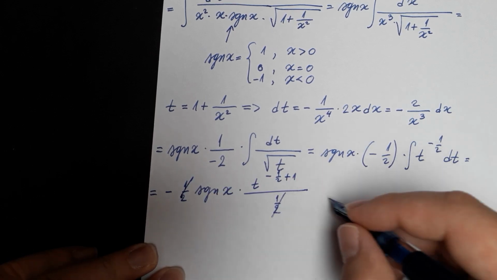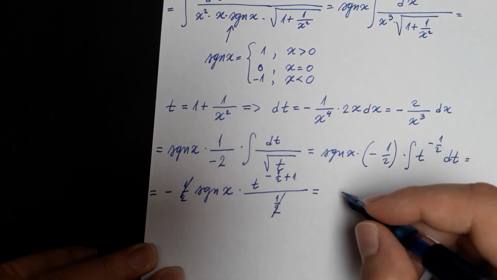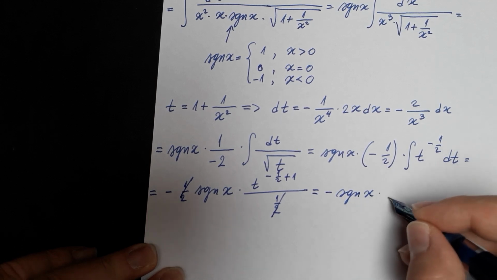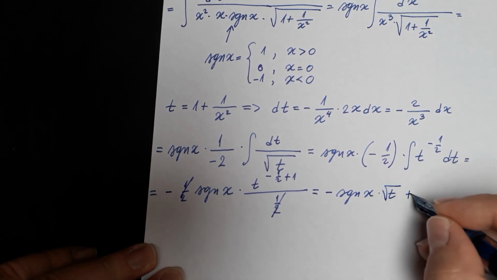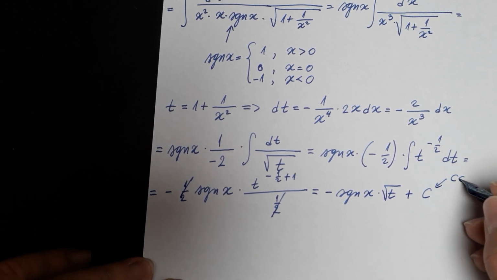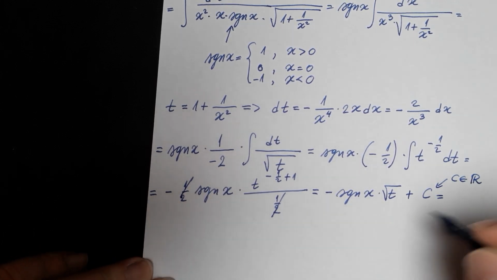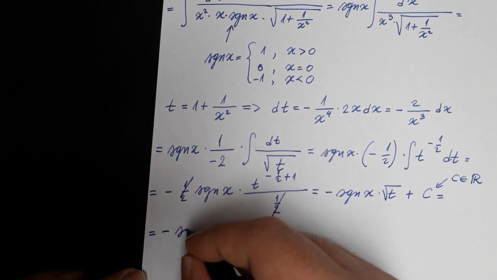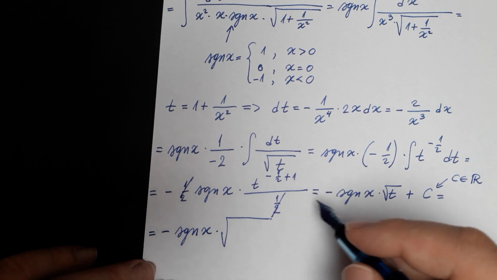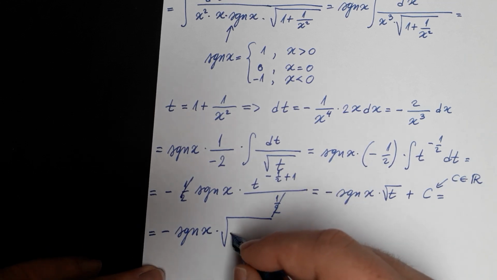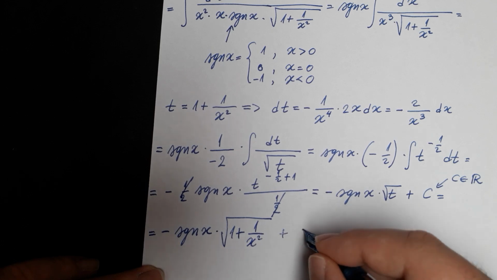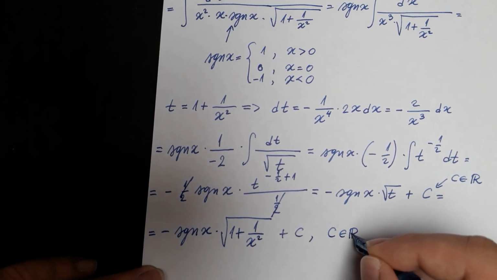The 1/2 and 1/2 are going to cancel out, and we finally get negative signum of x times the square root of t plus an arbitrary constant C. This C is any real number. This is then equal to minus signum of x, and when we return the substitution, t was equal to 1 plus 1 divided by x squared, plus C, and C is a real number.